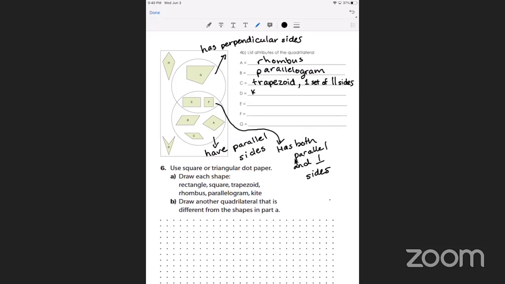D is a kite. And because it's a kite, it has adjacent sides, or sides that are beside each other. And E is a rectangle. It has 2 parallel and 2 perpendicular sides. F is a square. It has all equal sides.